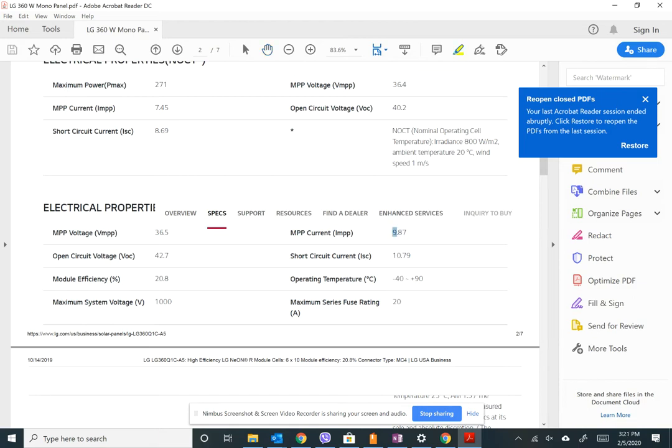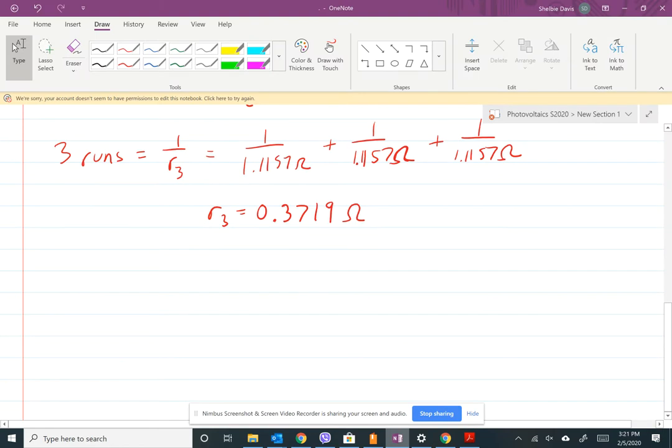So I'm looking right there. Okay. All right, so I'll go back. So that's the current that's running through the tabbing. So I'm just going to say at STC, IMPP is equal to 9.87 amps.